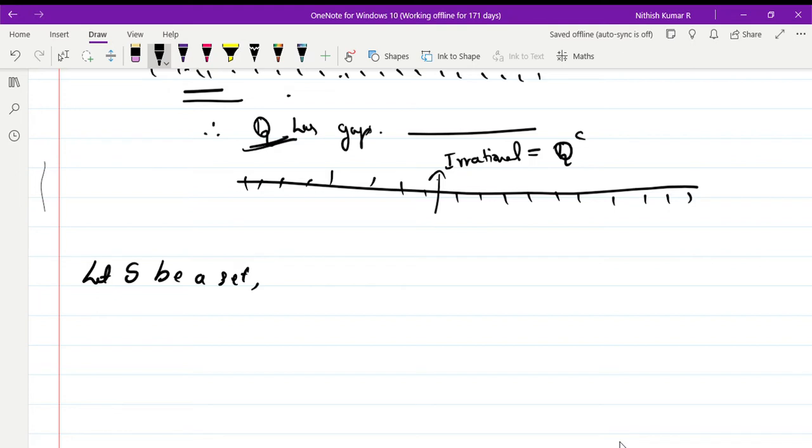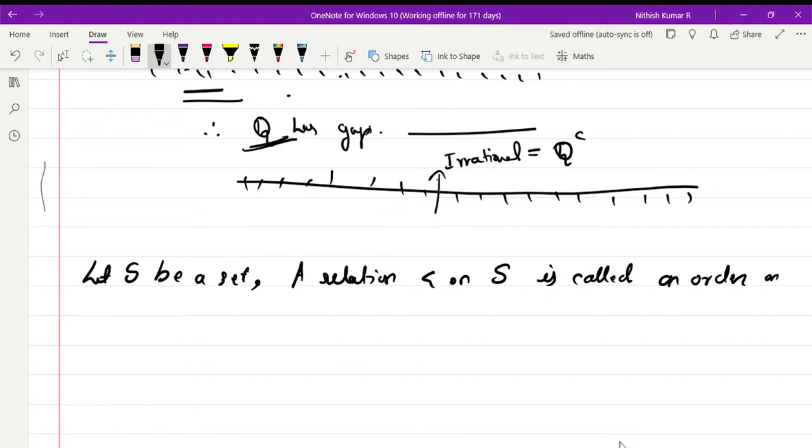Say a relation less than on S is called an order on S if it satisfies the following conditions. The first one is trichotomy.